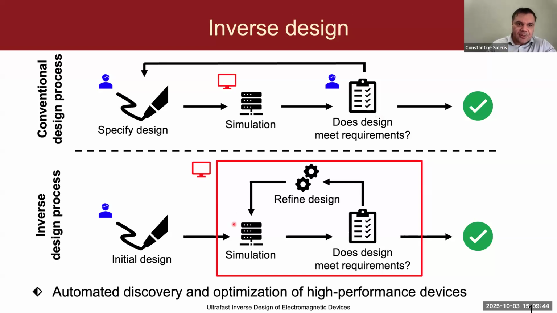And an optimization algorithm replaces the human that used to be in the loop, refining the design at each step, essentially fully automating the design process. So this not only has the potential to significantly reduce design time and design effort, but it can also lead to novel, non-intuitive designs that exceed the limitations of human creativity.